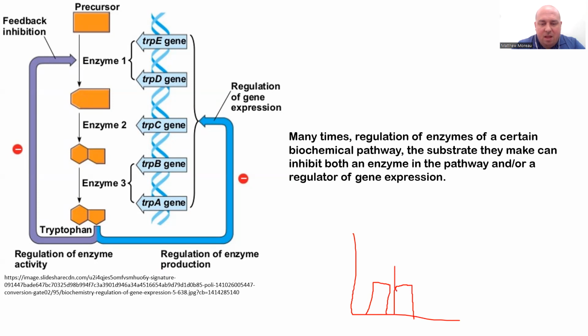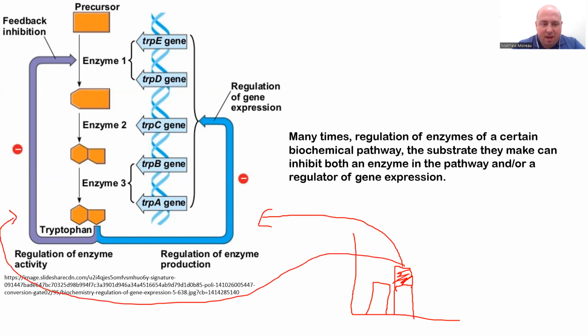When I get slightly past that, to this point here, this excess tryptophan feeds back into these two systems, meaning that tryptophan has a binding site in enzyme 1 and prevents enzyme 1 from, therefore, making this precursor. And if this precursor is never made, enzyme 2 can't function, and the whole process is cut off right from the very first step.